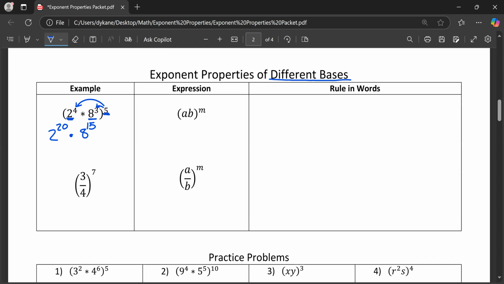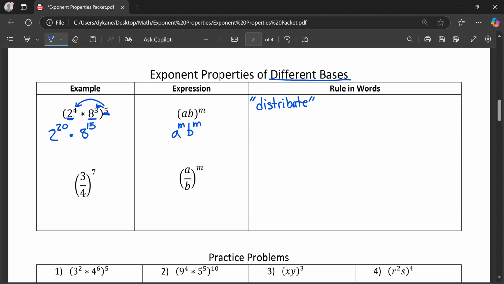Right, and we can see that in our expression here. If I have a times b raised to the m power, what happens is that m exponent goes to both of my bases, but I have to keep my bases separate. So we can think of this as really similar to distribution, right? So we're almost going to distribute. It's not technically the distribution property, but it acts similar.